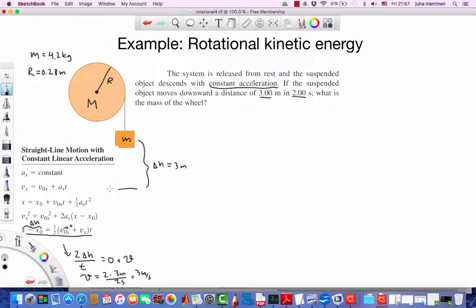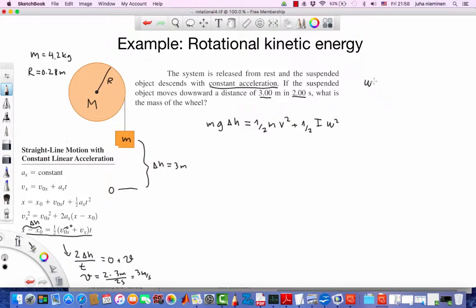If this is our 0 level for the height, then in the beginning we only have the gravitational potential energy of the falling mass, mg times delta H. In the end, that is converted into the kinetic energy of the falling mass with velocity v that we just calculated, and the rotational kinetic energy of the wheel, which is half times I omega squared.